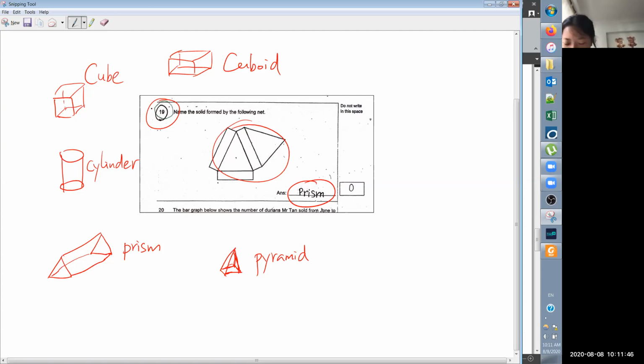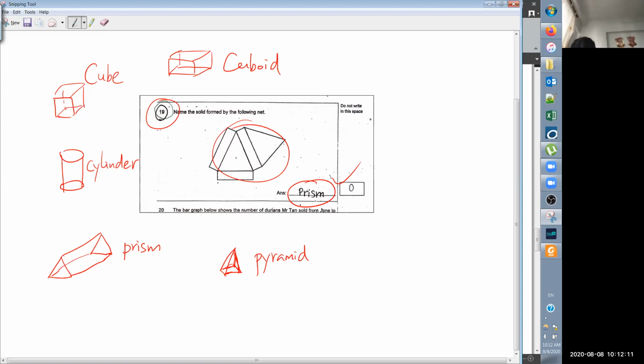Oh, because it says triangular prism. Okay, so you are considered correct. Triangular prism is also a prism, just more specific. Anyway, prism is still acceptable, but triangular prism is more specific.